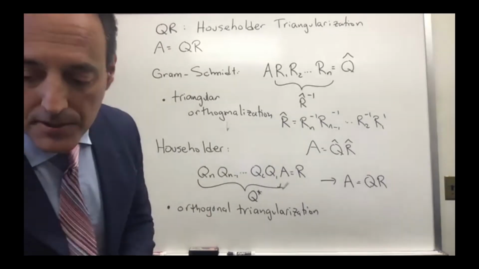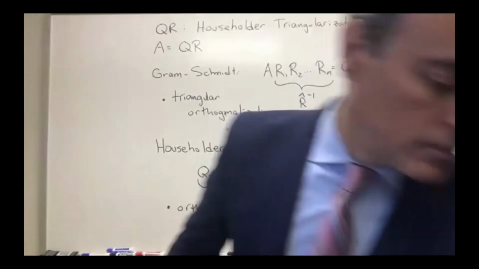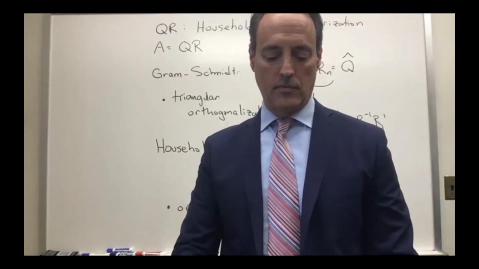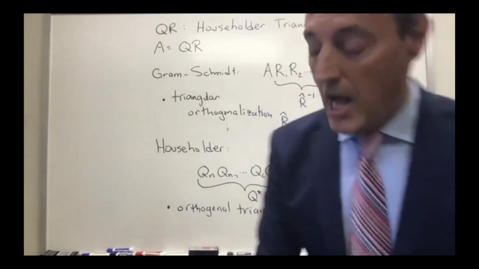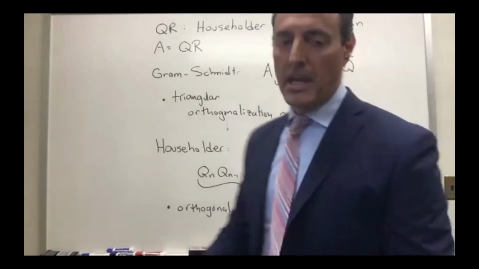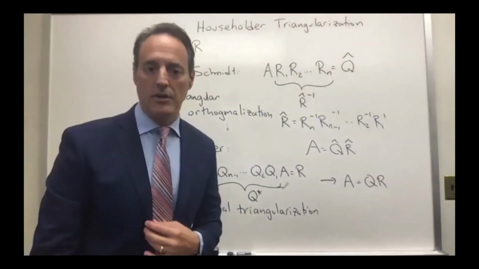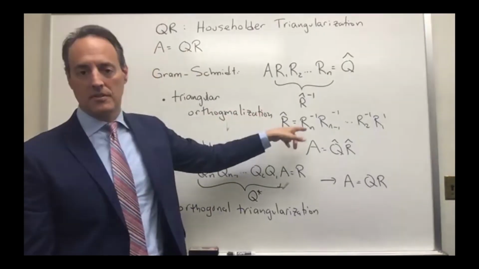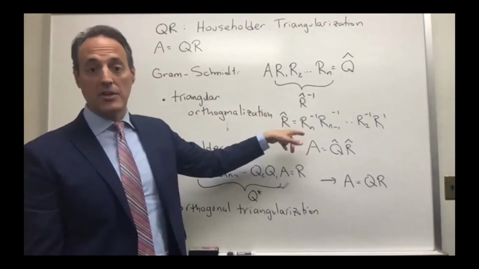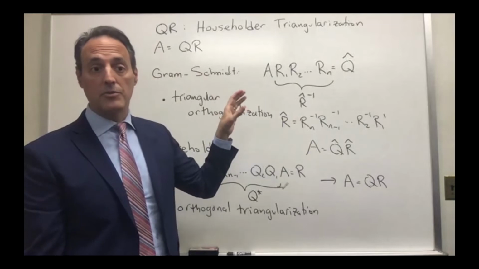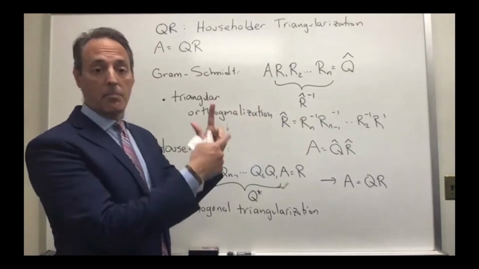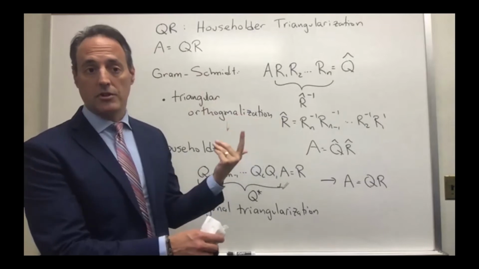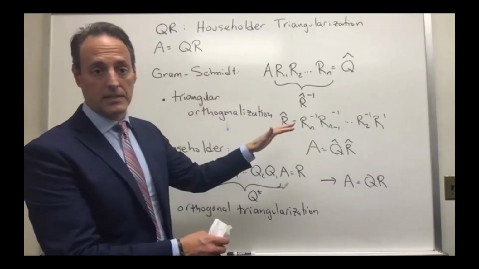Professor? Yes. Is it more stable because Gram-Schmidt has to compute the inverse? No, in fact, I'm going to get more into the stability issues later. In Gram-Schmidt, we really never actually computed inverses, right? What we did is if you look at the Gram-Schmidt, we always just try to project into the next orthogonal direction. So there's no inverses computed during that process.